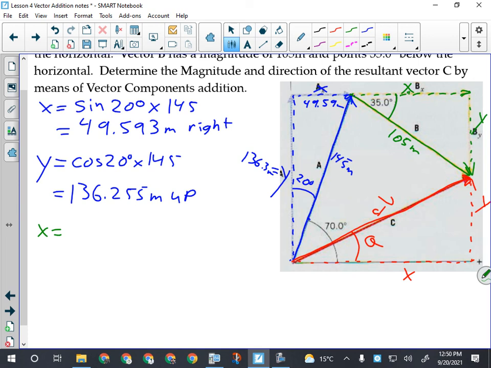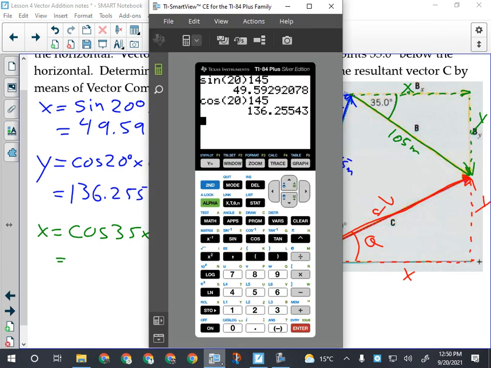All right, so I'm going to go cos of 35 degrees times my hypotenuse, 105 meters. All right, so that side is 86.01 meters right.